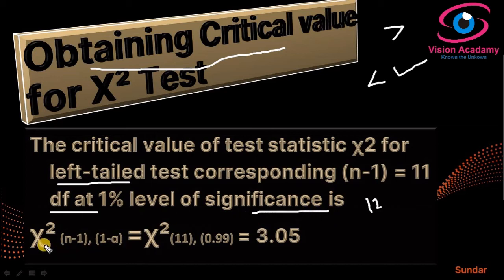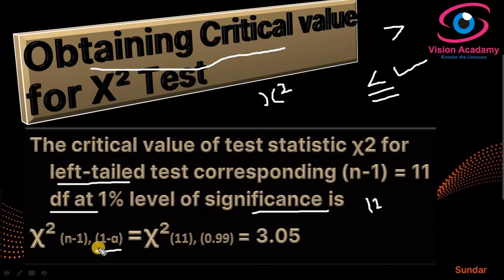Firstly, we have to prepare for obtaining the critical value. The preparation would be as follows: x square in the bracket n minus 1, as I showed you here, and 1 minus alpha. Very importantly, why am I doing this? I am dealing with a left tailed test, whereas the x square table I am going to use is for the upper tail test.